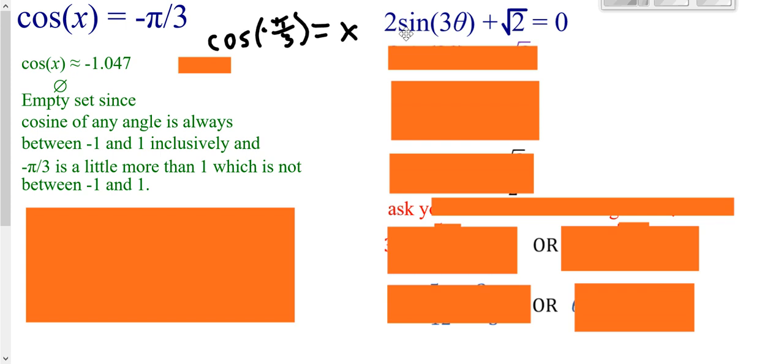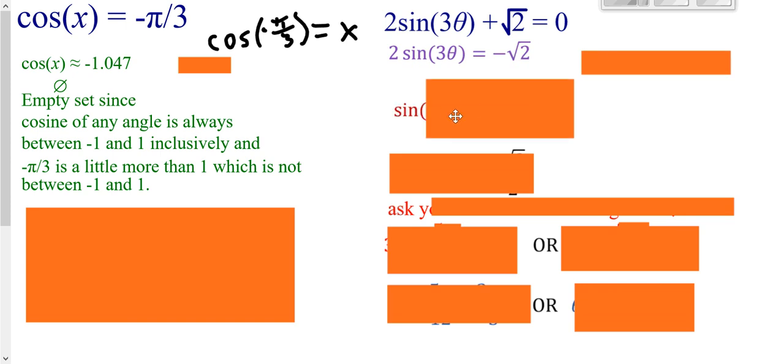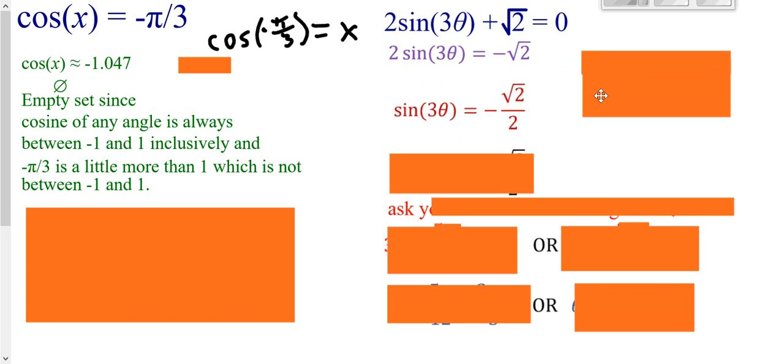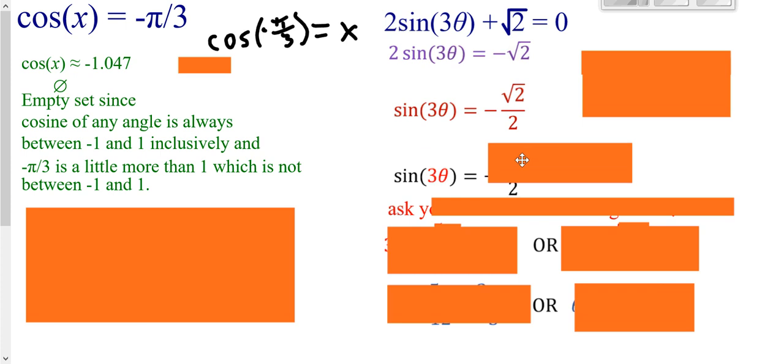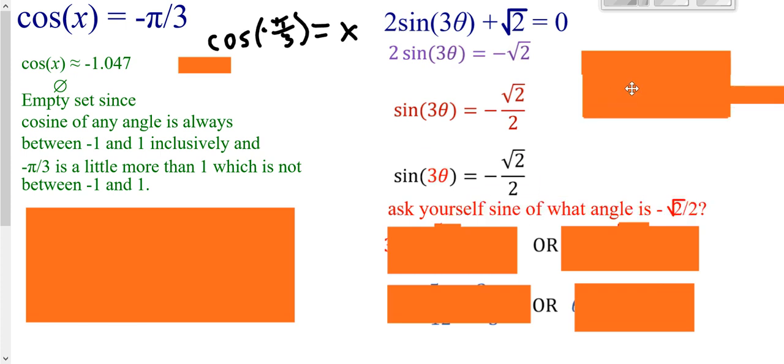So over here, we want to try to get the sine by itself. So we'd have to get rid of the adding of root 2 and get rid of the multiplying by 2. So we'd subtract root 2 from both sides, and divide both sides by 2. Now that your trig function is on one side by itself, you can ask yourself, sine of what angle is equal to negative root 2 over 2?